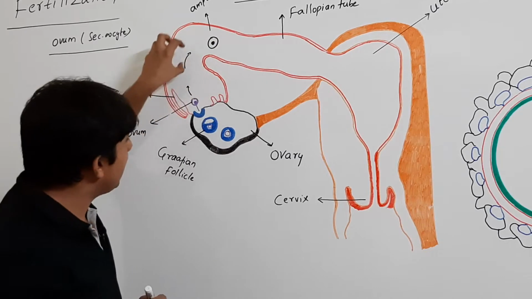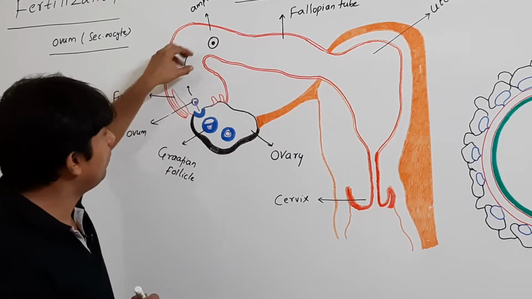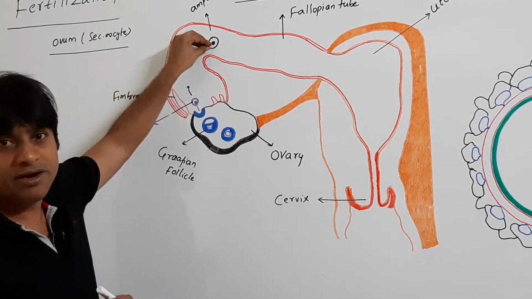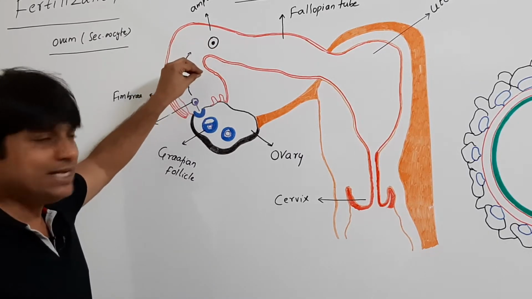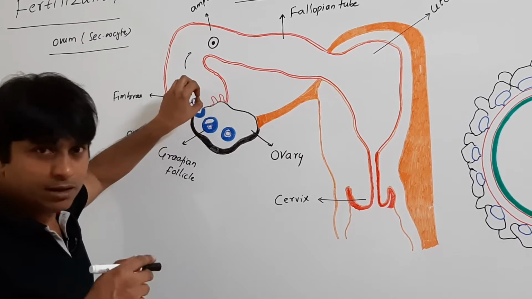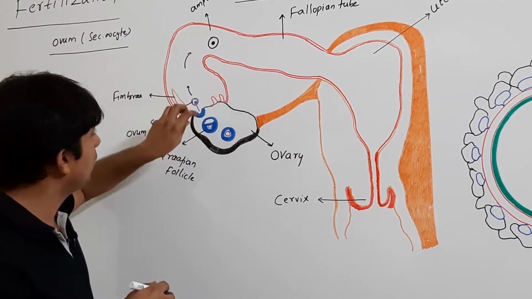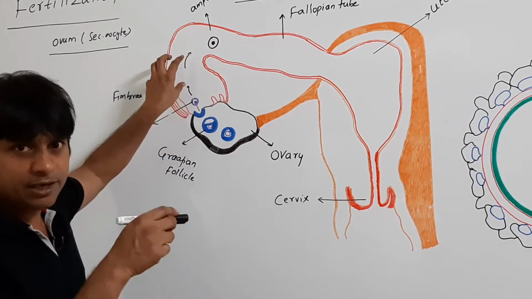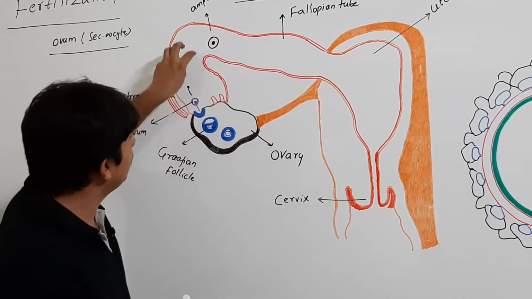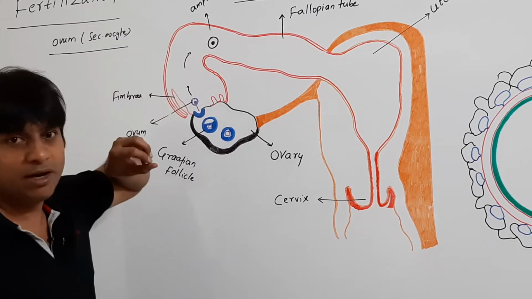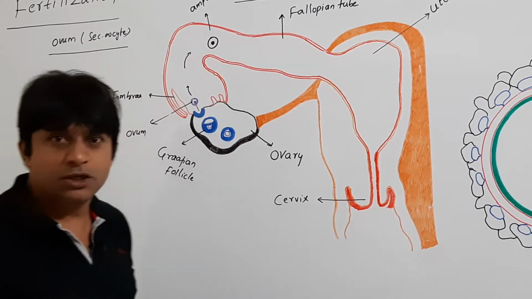These peristaltic movements make the ovum move towards the ampullary region, right? The ovum cannot move by itself; there are several forces which make it move. The columnar ciliated epithelium is also one of the reasons for the movement of the ovum towards the ampullary region of the fallopian tube.